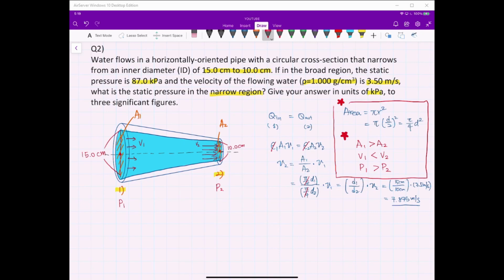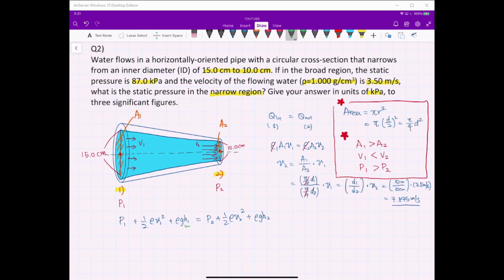Now let's use Bernoulli's equation to find the pressure at position 2. P1 plus 1/2 rho V1 squared plus rho g h1 is equal to P2 plus 1/2 rho V2 squared plus rho g h2. As the centers of the two circular cross-sections are on the same reference line, which is the dotted line in the diagram, this means they are at the same height.